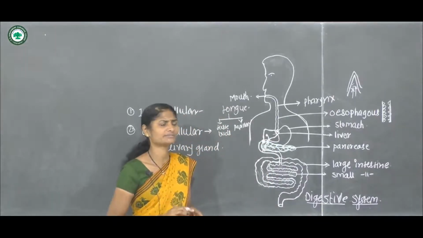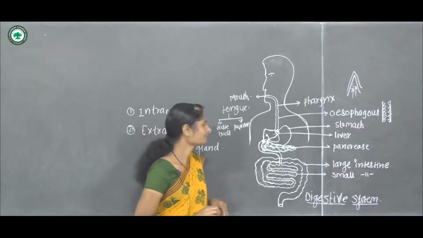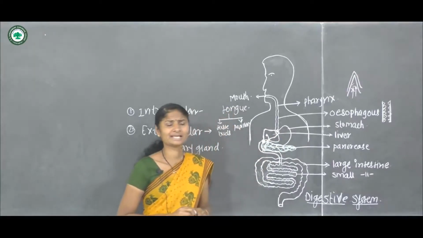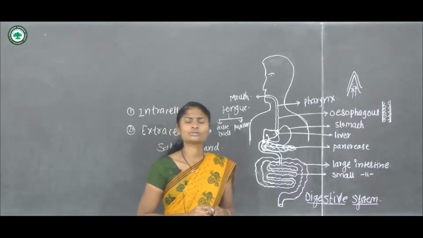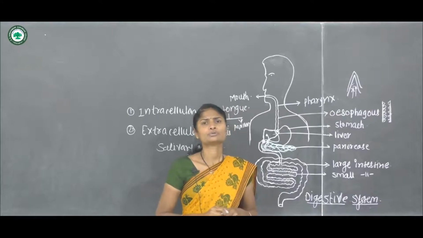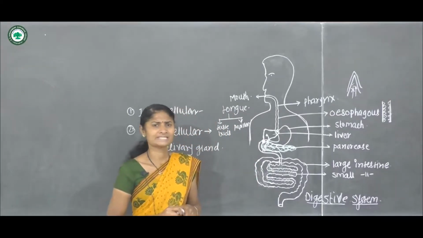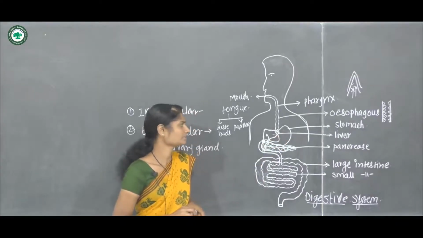These sphincters function to prevent backflow of food. The stomach also secretes HCl as well as gastric juice. Gastric juice is used for digestion of food material, and HCl provides an acidic medium. In the presence of the acidic medium, food material is digested in the stomach.